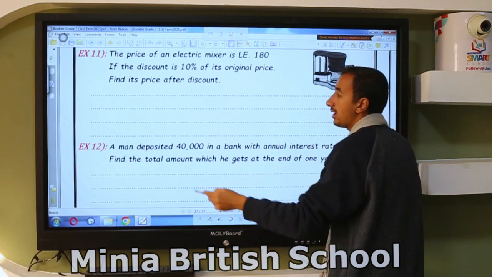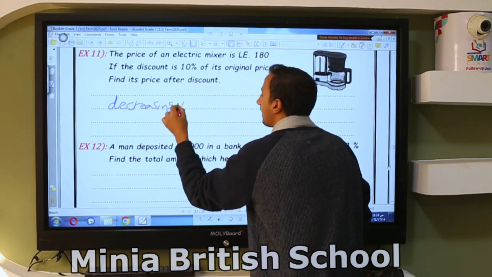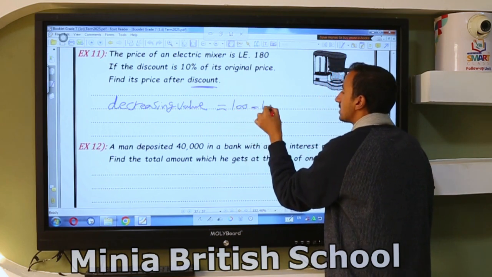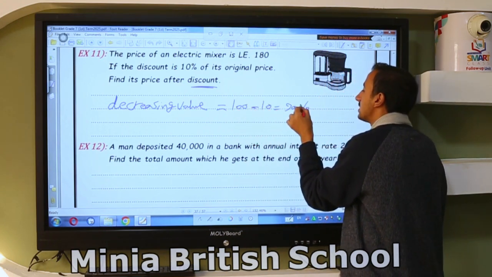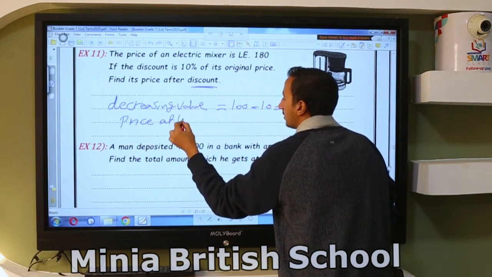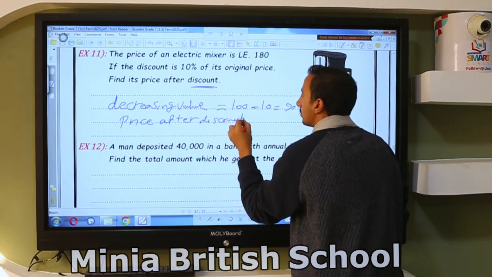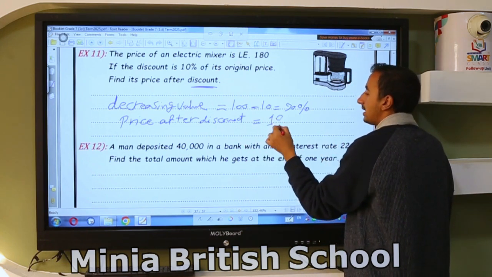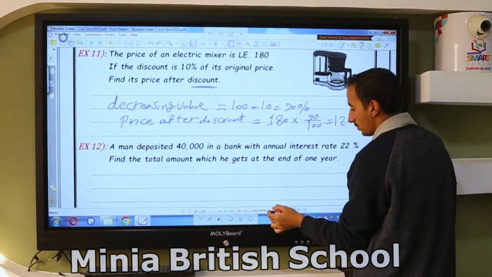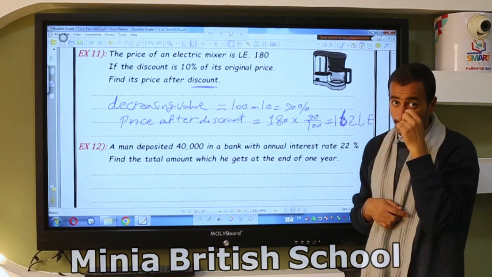Sorry, here I need to find the decreasing value of the discount: 100 minus 10 equals 90%. 90% is the price after discount, of its original price. 180 times 90 over 100 equals 162. 162 LE. This is the price after the discount.